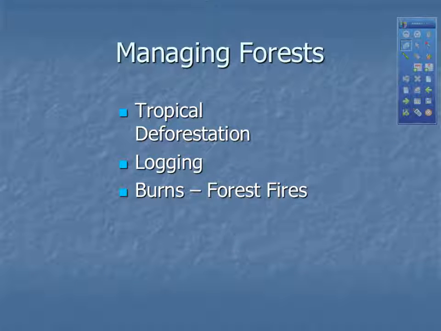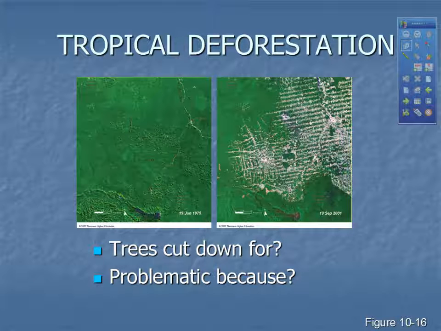Okay, so focusing on forests specifically, one of the big issues right now, we kind of talked about this already in the biodiversity unit, was the tropical deforestation, the cutting down for urban sprawl, for people to live. They're cutting down for building and for resource use, for tourist stuff.